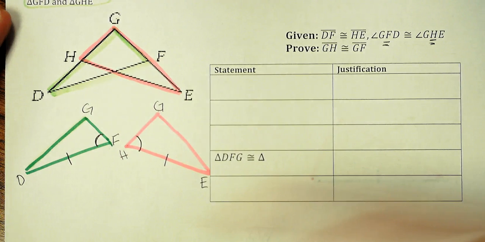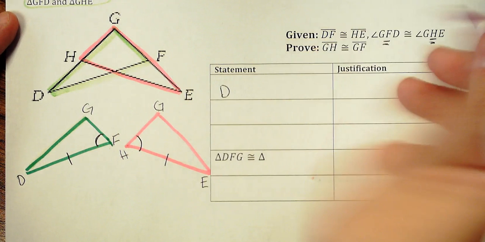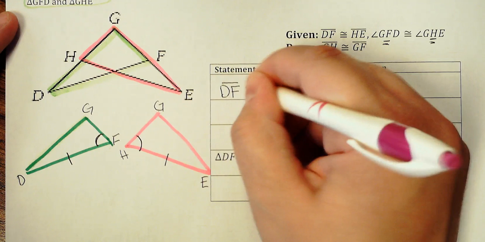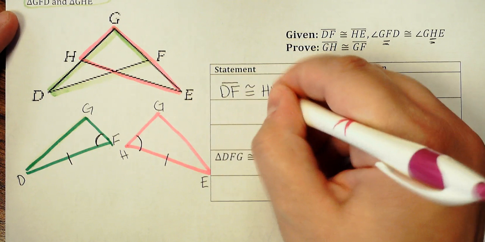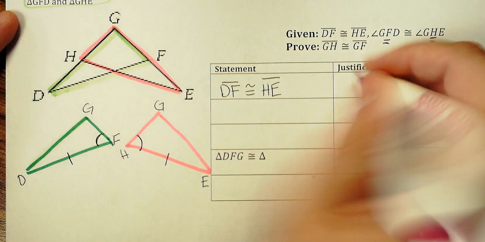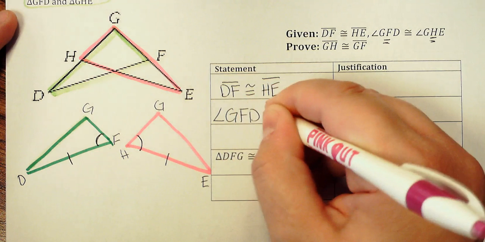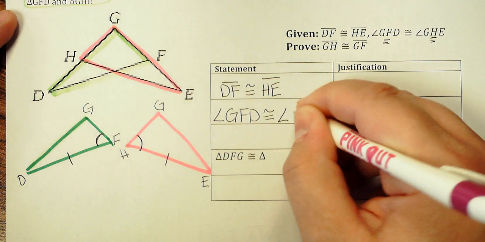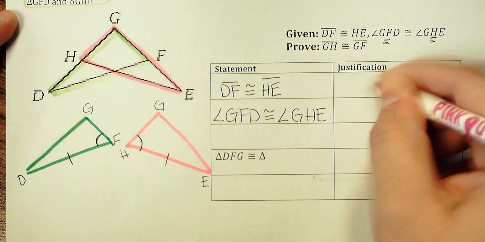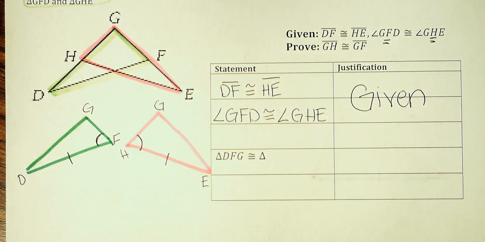Okay, so let me just start and write those triangle parts in the proof. Remember, triangle parts are the most important part of the proof because you need at least 3 sets of corresponding and congruent parts to be able to show that the triangles are congruent. So that's what I'm looking for in each of those first 3 steps, either sides or angles that you know are congruent. Both of those justifications would be it was given to us.